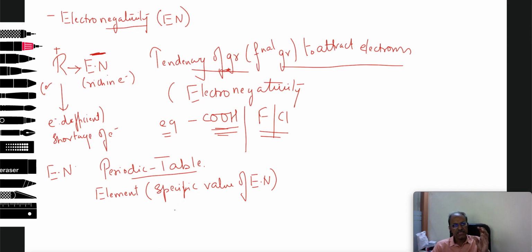That means X is more electronegative than Y. But how will I come to know X is more electronegative? By some numerical value. Now the scale goes from 0 to 4. 0 being the least electronegative, and 4 being the most electronegative.